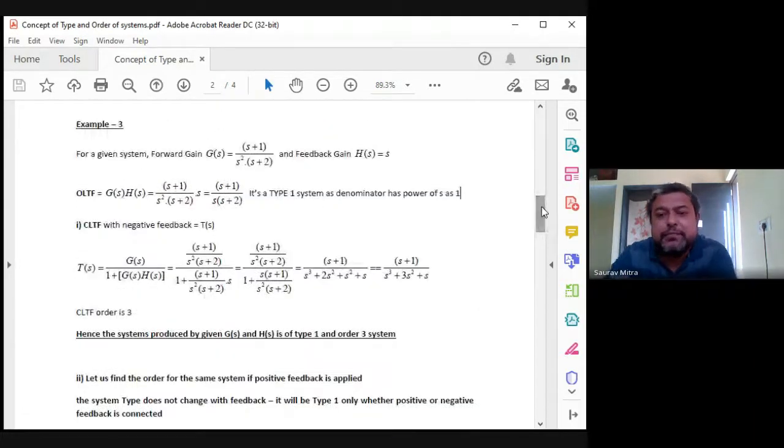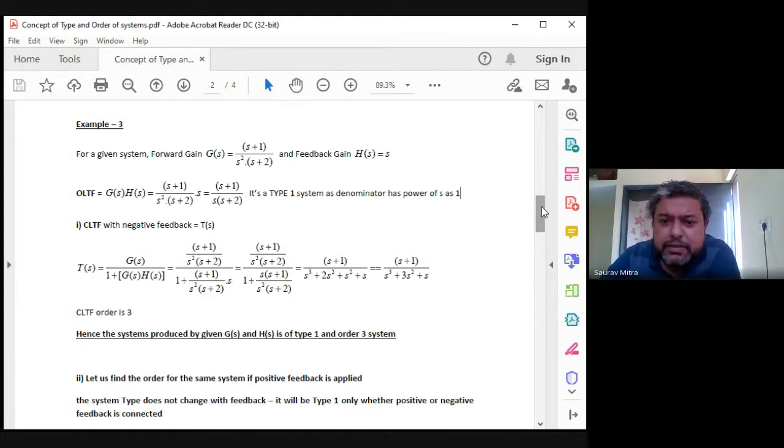Comment on this. S cube plus 3S square plus S. कैलसी है तुम्हारे पास? Yes, sir. So can you calculate where are the roots? तो एक तो s is equal to 0. Okay, where are the other roots?